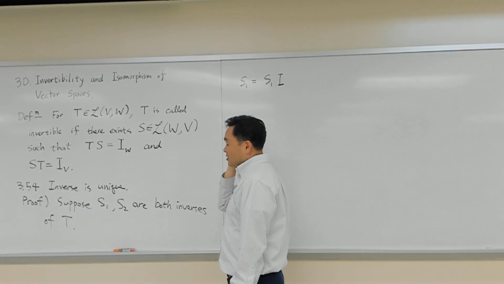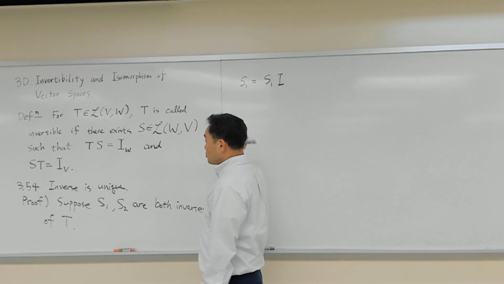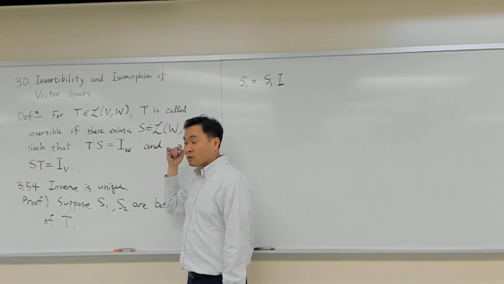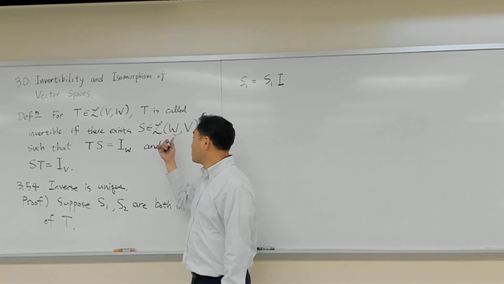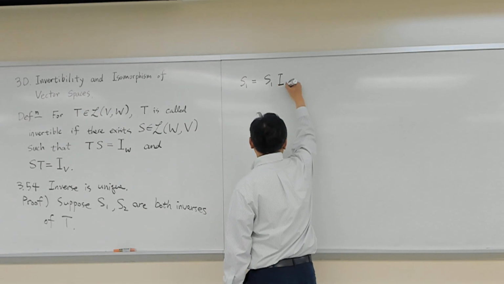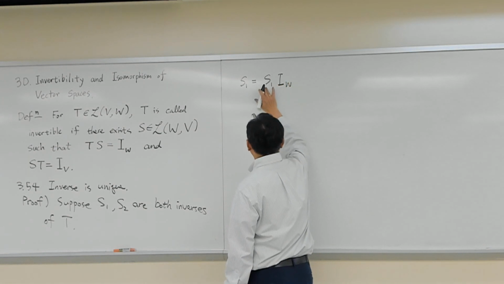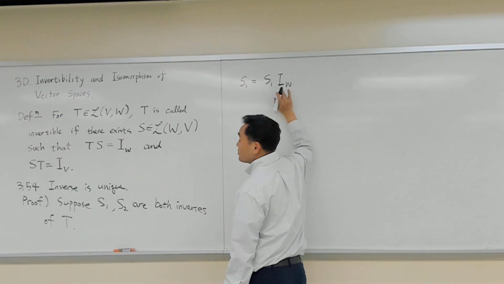Let's see. For this to make sense, this identity should be on V or W. Which one? W, right? So S works on, domain of S is W, so I need IW. Okay.